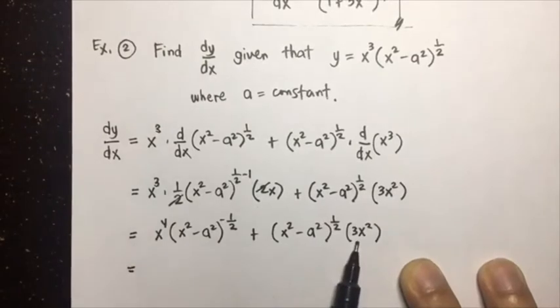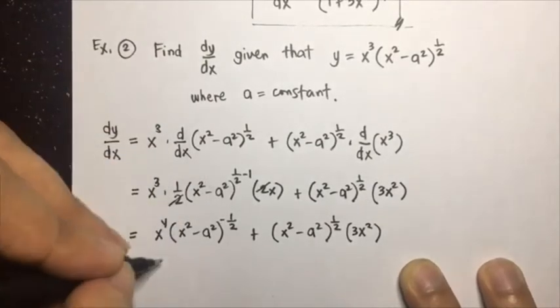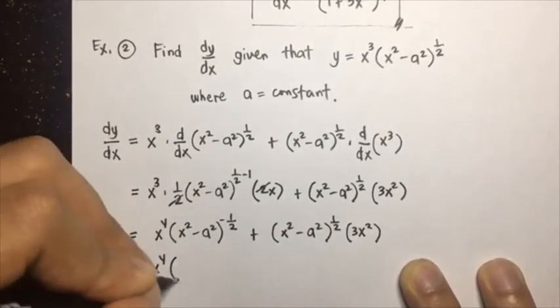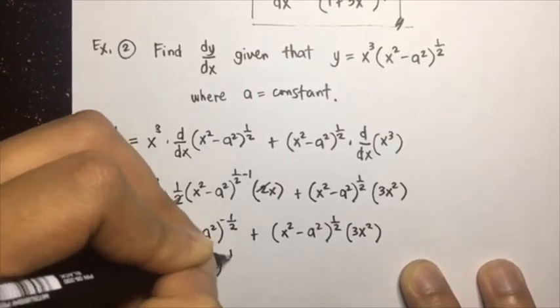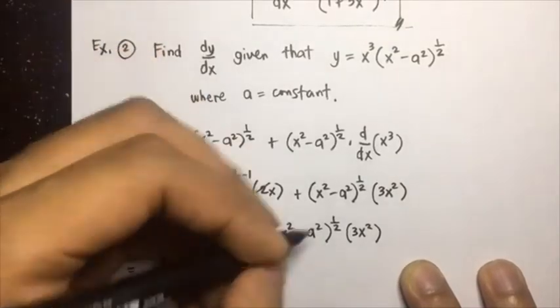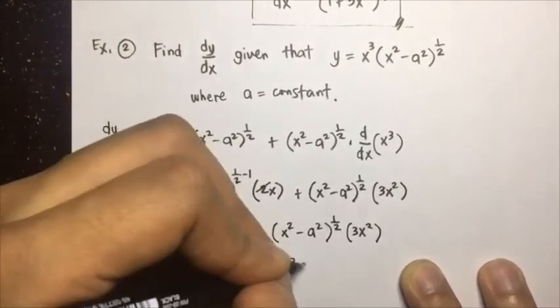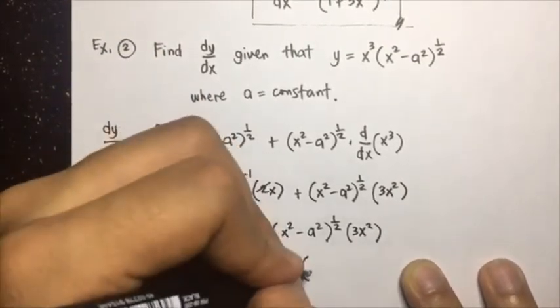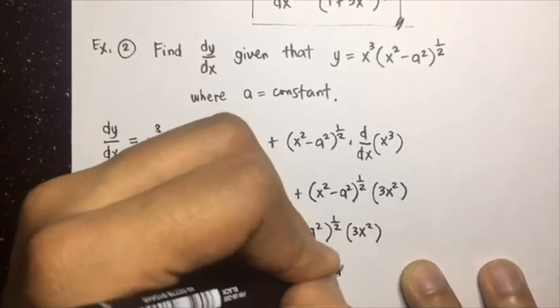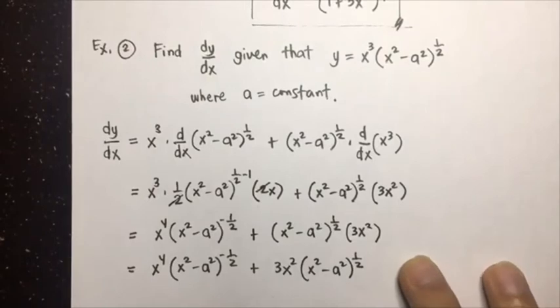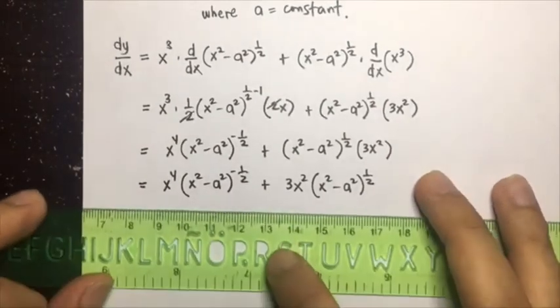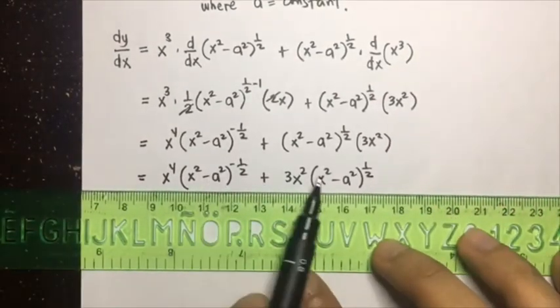So transfer the 3x squared here in front, so we have x to the 4th times x squared minus a squared raised to negative 1 half plus 3x squared times x squared minus a squared raised to 1 half. Okay, so this may qualify as your final answer.